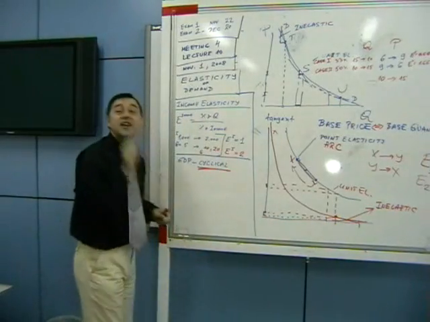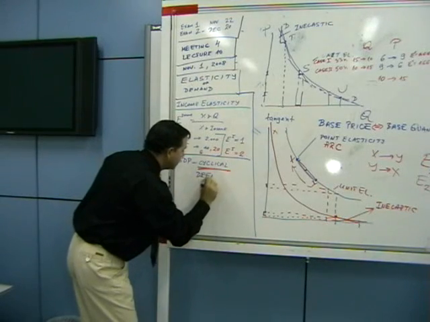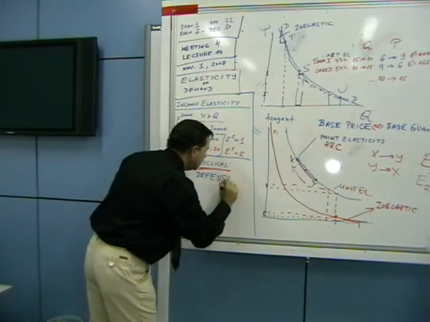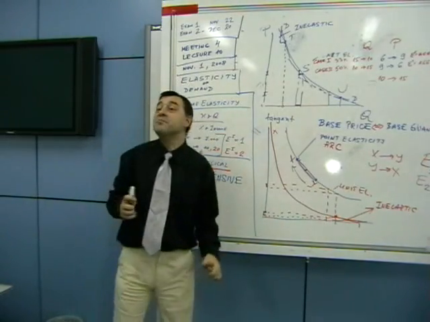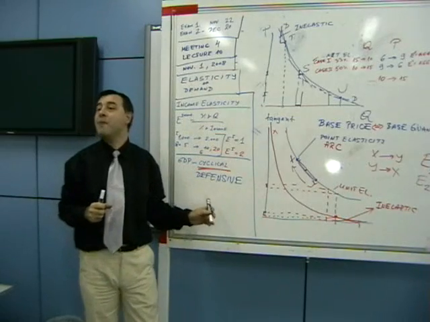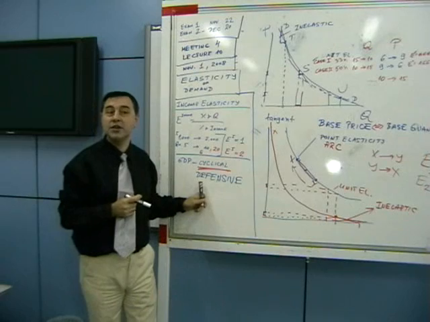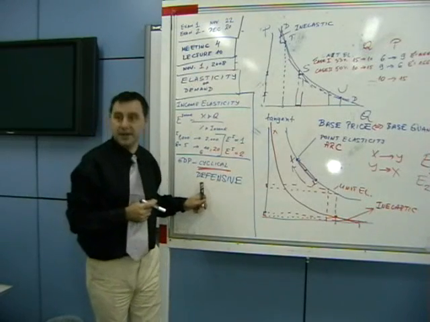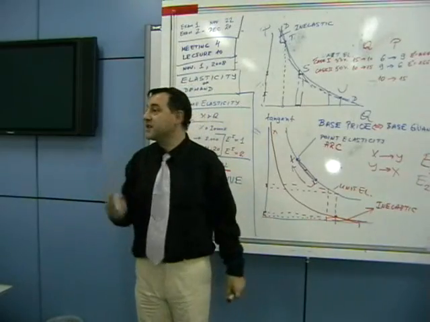Everyone calls it defensive. Defensive means no matter how bad the economy goes, demand for it will not fall a lot. All right? Now, give me some more examples of defensive goods.